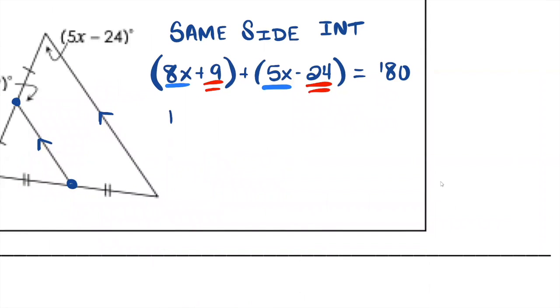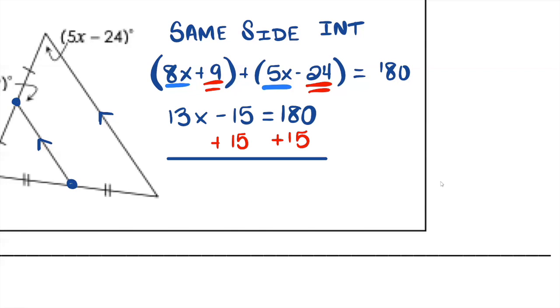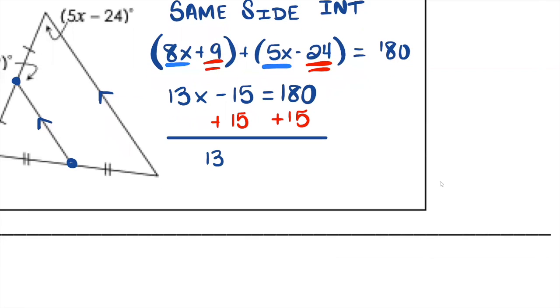13x? 15 equals 180. Add 15 to both sides. So 13x equals 195.